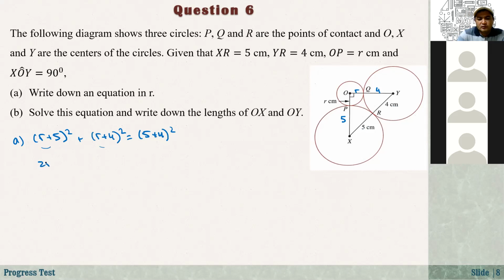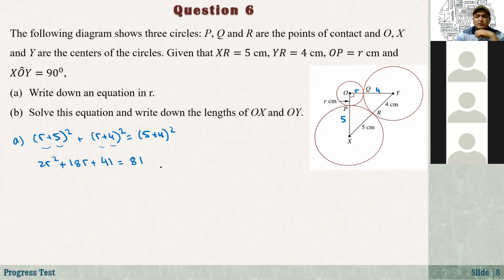So here we have 2r squared plus, in the first one, r times 5 times 2, that's equal to 10r. From the second expression, r times 4 times 2, that is 8r. So 10 plus 8, here we have 18r. Plus the constant terms, 25 and 16, that's equal to 41. On the right hand side, 5 plus 4 is 9, 9 squared is 81, right?